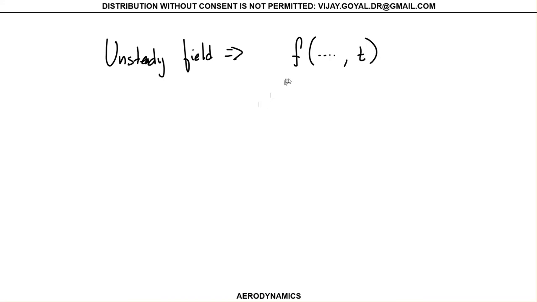Another thing that you have to keep in mind when we talk about this unsteady flow, especially unsteady flow, when I talk about steady field, I am talking that whatever you're working with is going to be a function of time. This function can be scalar, can be a vector.